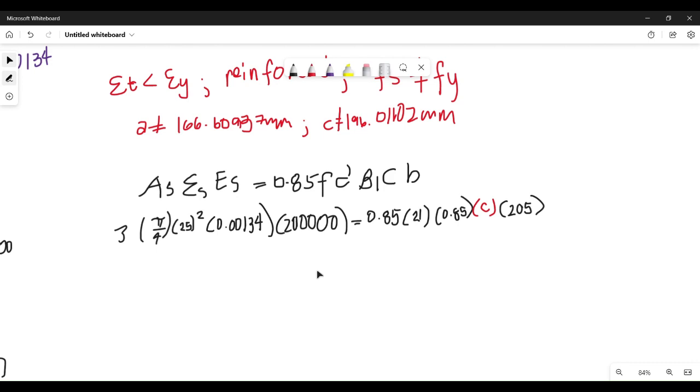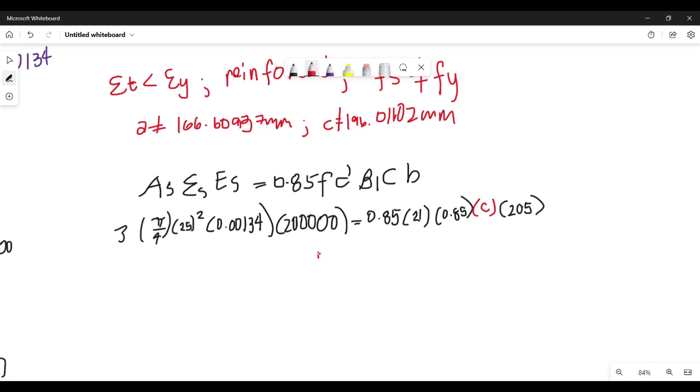0.85 FC prime. Your FC prime is 21. Beta 1 times C. C is missing. Your B is 205. Shift solve.